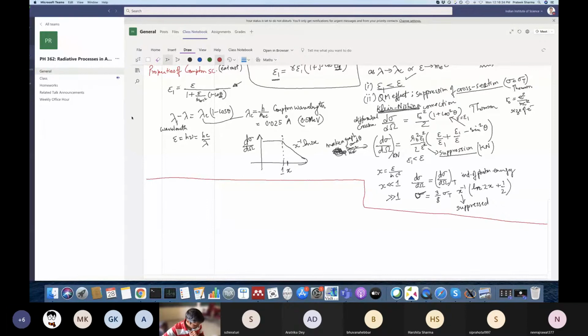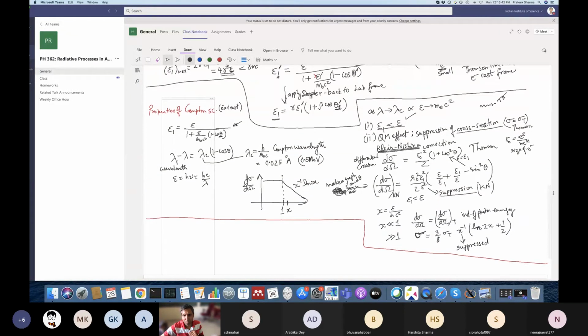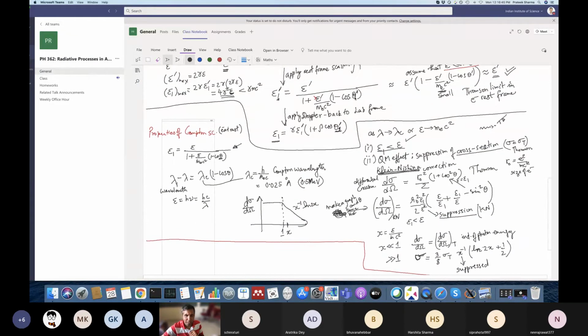So this angle theta prime is the angle between scattered and incident photons as measured in the electron rest frame.